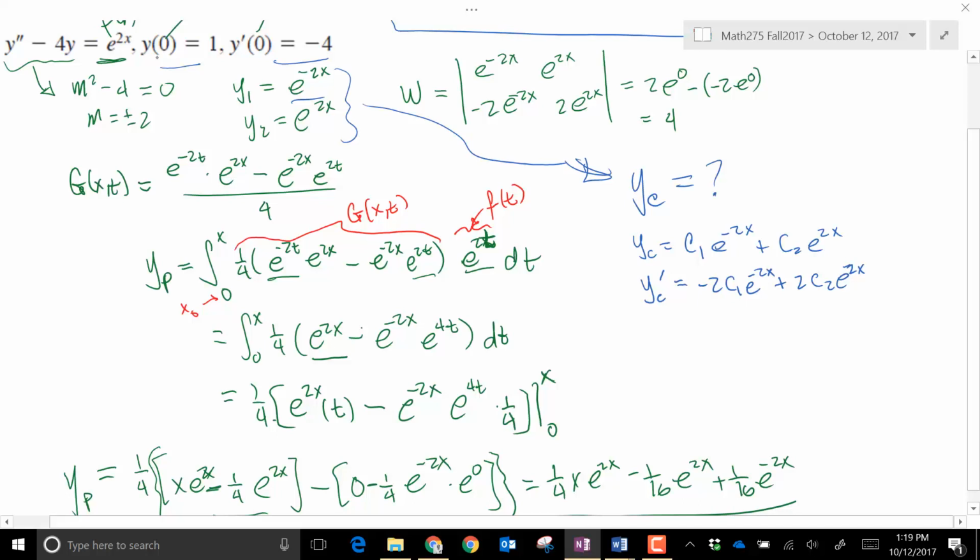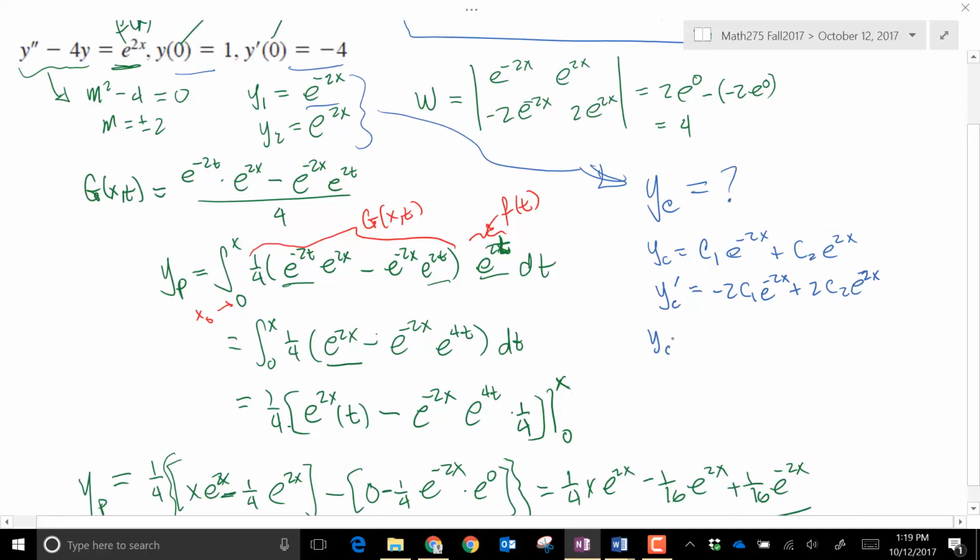So when we put 0 into the original function, we're going to get c1 plus c2, and that should equal 1 according to this.